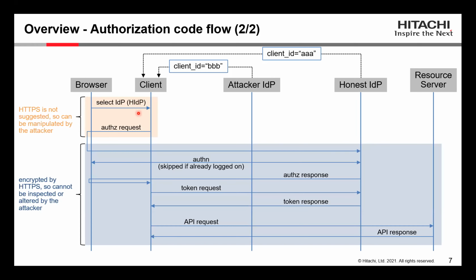So it would be realistic to assume that a network attacker can manipulate these steps. After step 3, shown in the blue zone, in accordance with the OAuth security recommendations, the communication is encrypted by using HTTPS, so it doesn't matter to assume that it can be inspected or altered by the attacker.